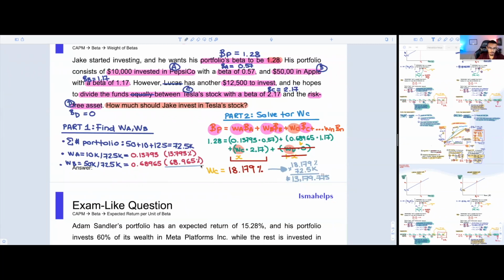Notice how 13.793 plus 68 plus 0.965, sorry, gives you 82%. Okay, this gives you 82%. 0.758.